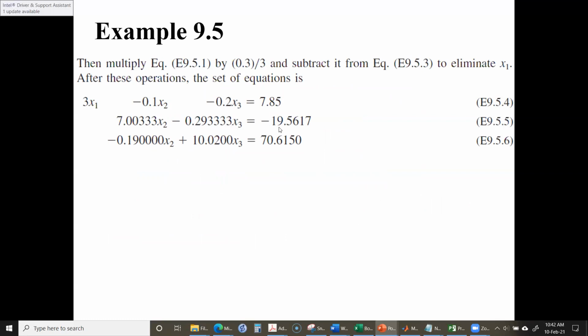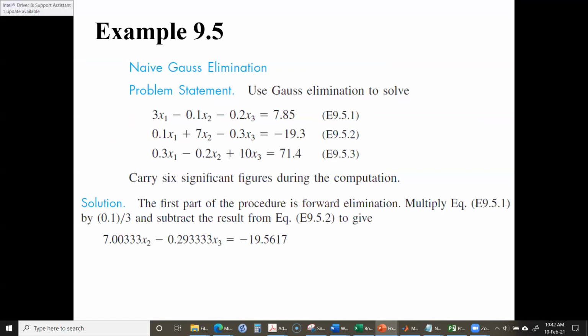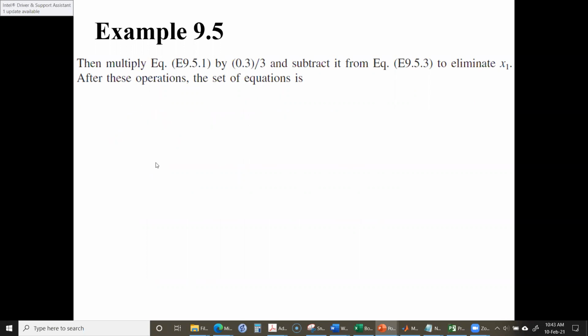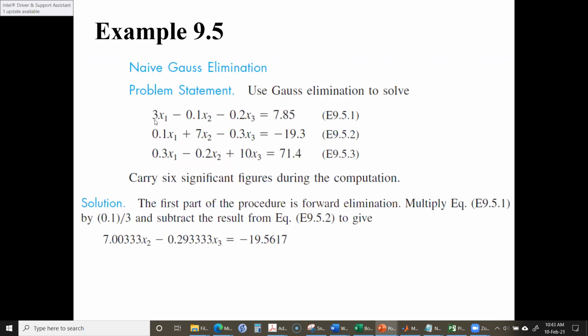The second equation will change, and the third equation will also change, because we have done the same thing with the first equation: multiplied it by 0.3 and divided by 3, and then added it into the second equation.